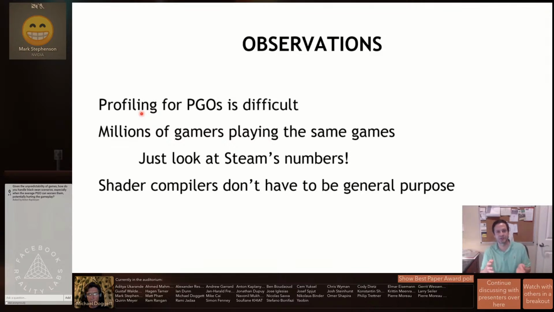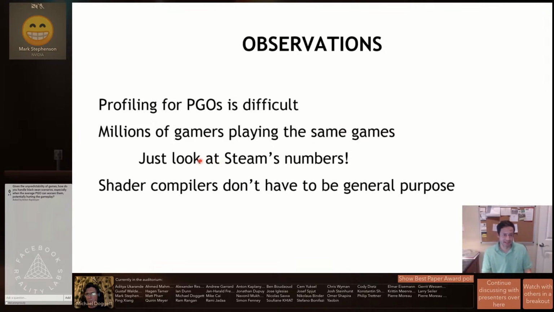So sampling, of course, will imply that we have to run the game multiple times, potentially on multiple machines, to get broad coverage. But consider for a moment that millions of gamers are playing the same small set of games on the same small set of consoles and hardware. Can we somehow leverage that fact and profile on the same machines that the gamers are gaming on while they're actually gaming? So that's what cooperative PGO is all about.